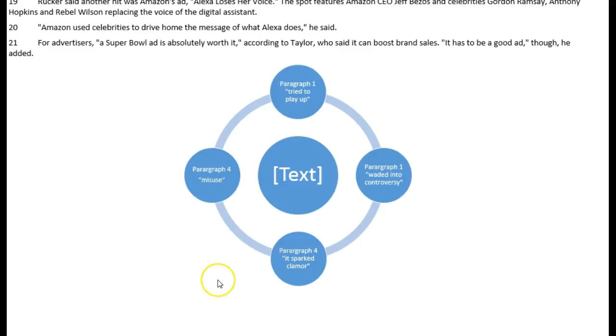Let's see. I would assign a tone of accusing to the author because of his attitude towards the misuse of Dr. King's voice in the context of a Super Bowl ad. He's suggesting somewhat explicitly that the person who used the actual audio recording was doing something wrong.